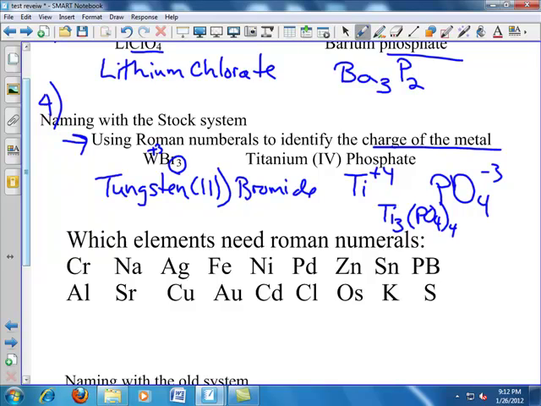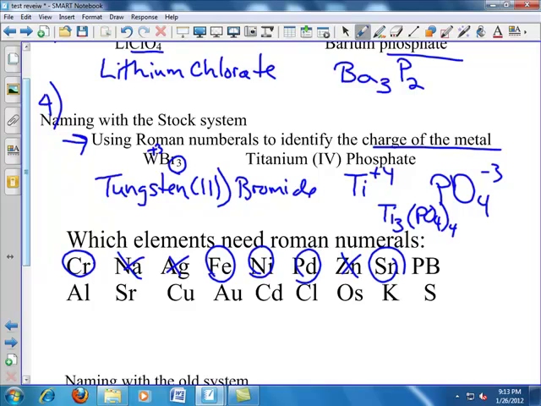That's an interesting one. So if you look at this group here, which of these need to have Roman numerals? Go ahead and pause the vodcast so you can pick them out. The ones you're looking for are the ones that have more than one charge. Chromium does, sodium doesn't, silver doesn't, iron does, nickel does, palladium does, zinc does not.